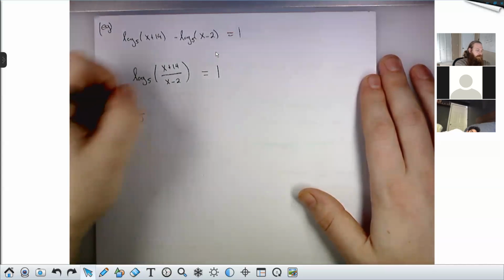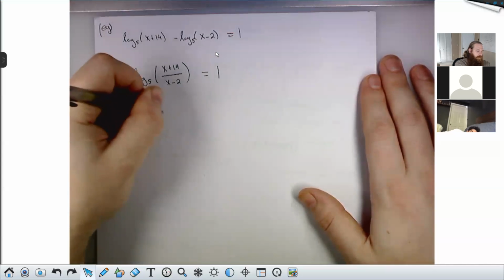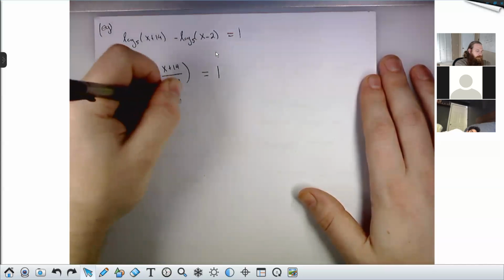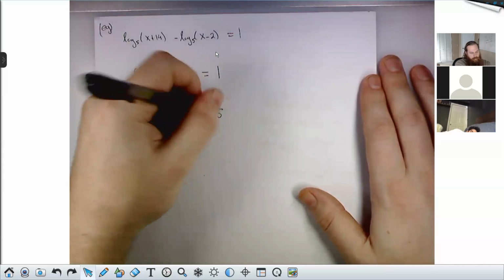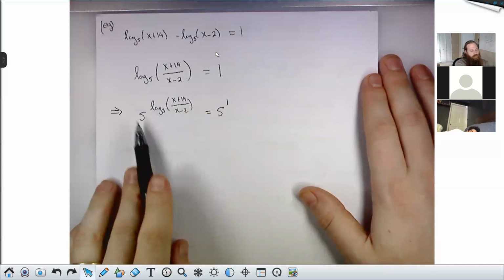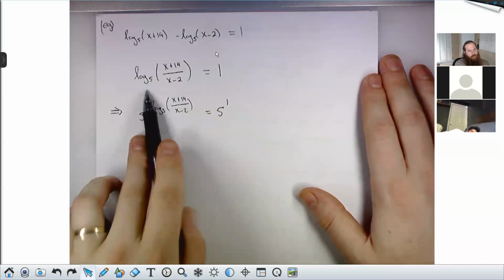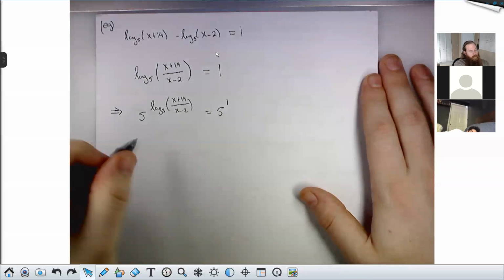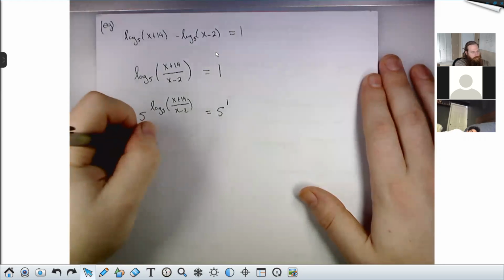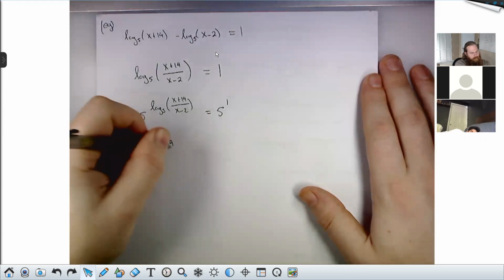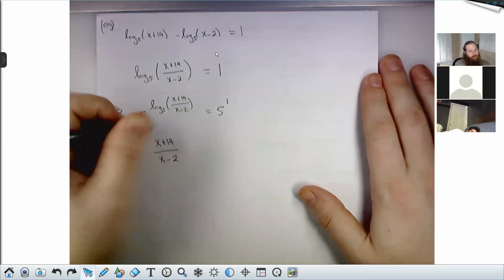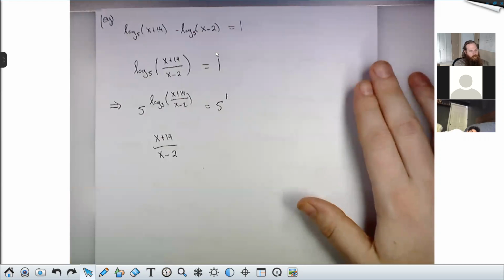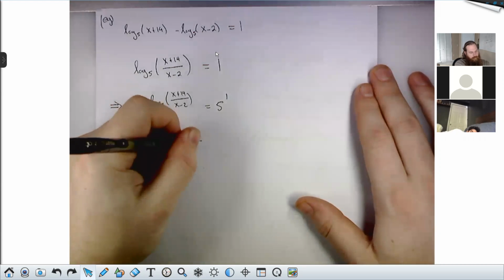So let's say 5 raised to the base 5 log of x plus 14 over x minus 2 equals 5 to the 1. I'm exponentiating base 5 because my logarithm is a base 5 logarithm. The left-hand side here simplifies to just x plus 14 over x minus 2. And the right-hand side here, 5 to the 1, that's just 5.